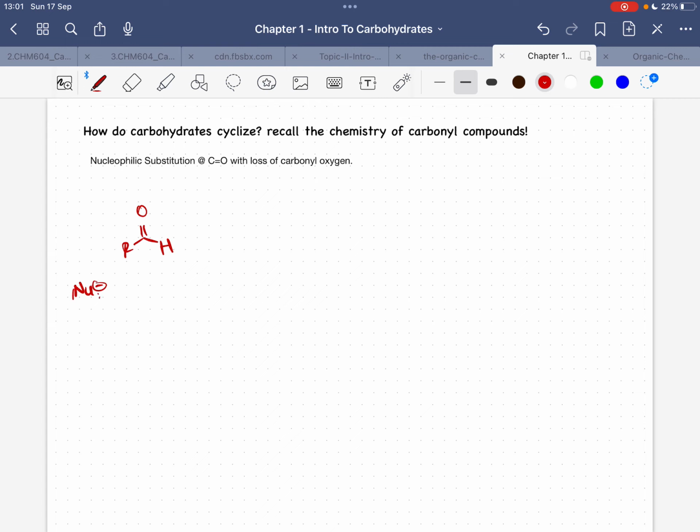Okay. Of course, the nucleophile will react here. Well, let's just say it's acid catalyzed. Okay. First, the aldehyde gets activated. Right? Becomes activated and then i-attack siya sa nucleophile.